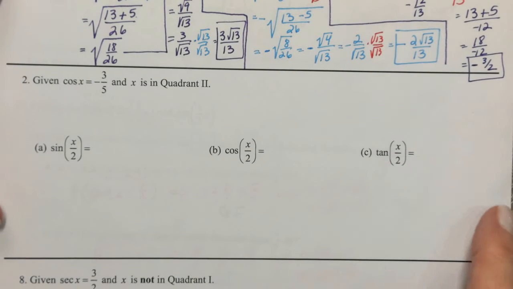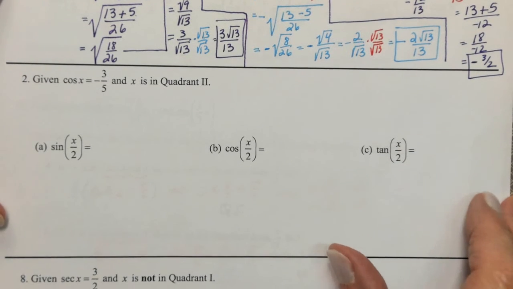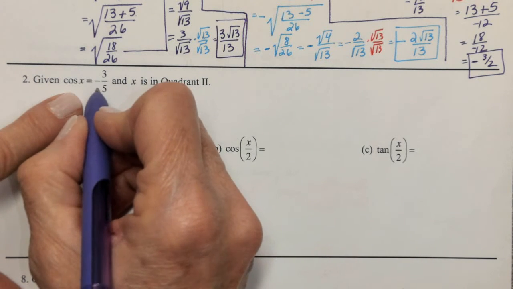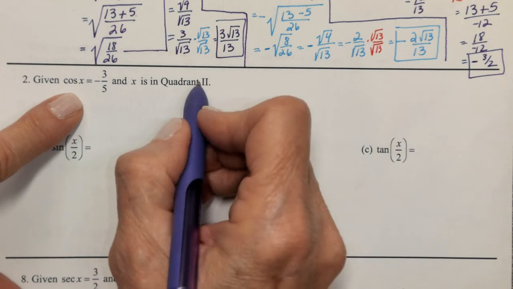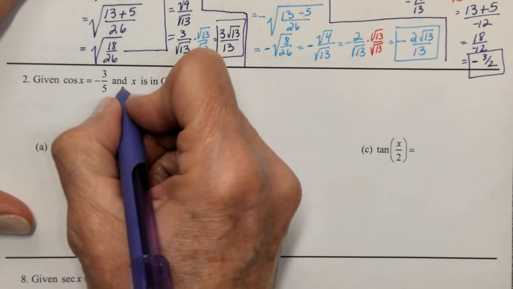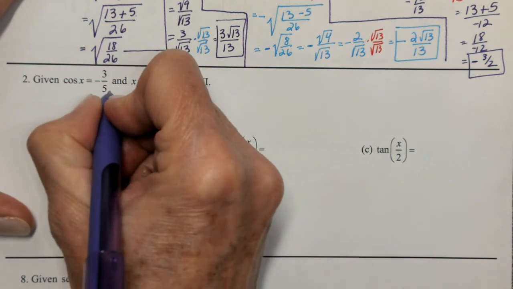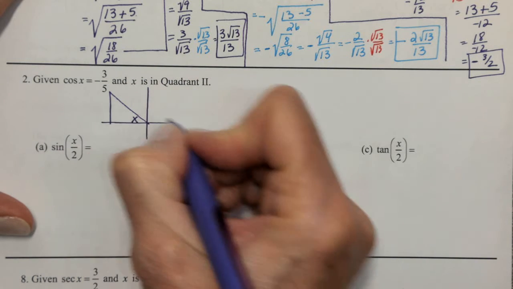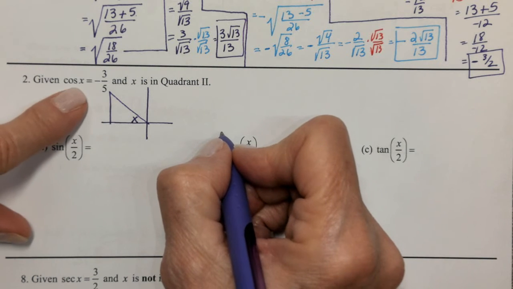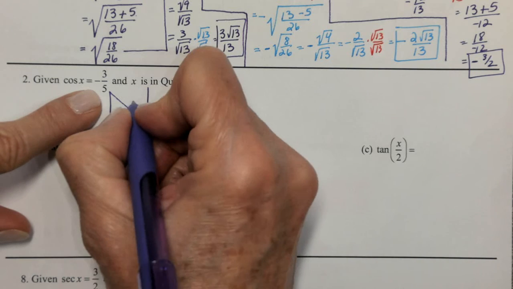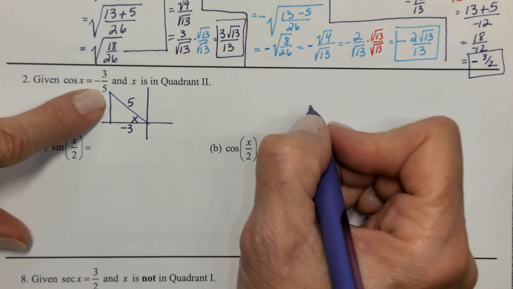Let's do another example. We're given that cosine of x is negative 3/5, and x is in quadrant 2. Let's draw that picture. We're in quadrant 2, here's x. Cosine is negative 3 over 5, so adjacent is negative 3, hypotenuse is 5.